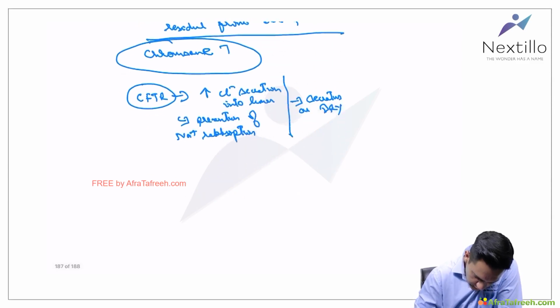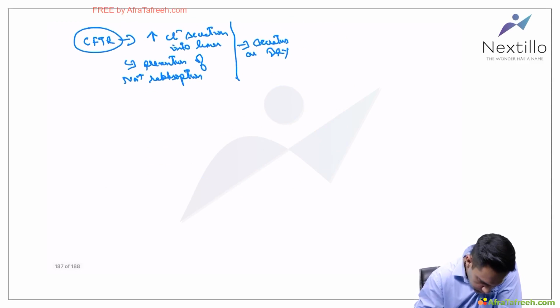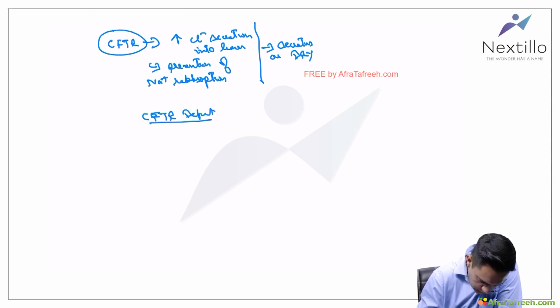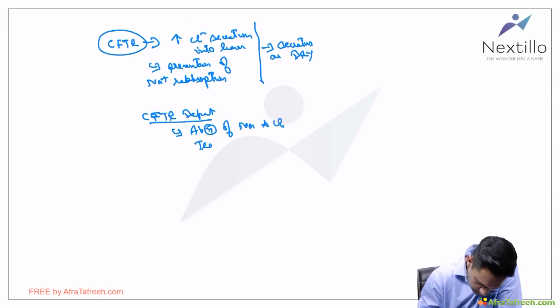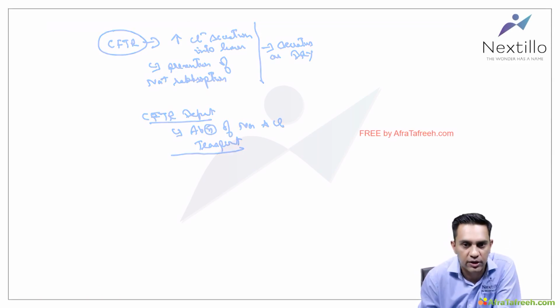But when there is a CFTR defect, this leads to abnormalities of sodium and chloride transport.